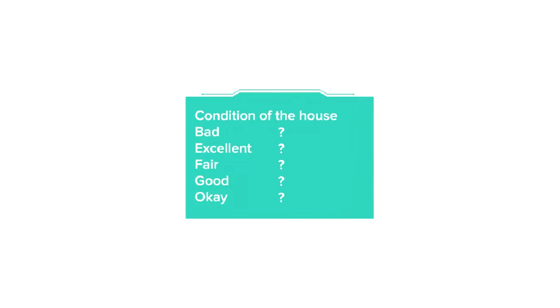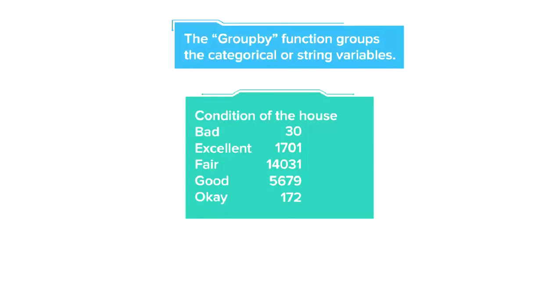So we first group the data based on condition of the house and find the count of records across the different unique values of condition of the house. For this, we will be using the group by function in Python, which groups the categorical and string values.